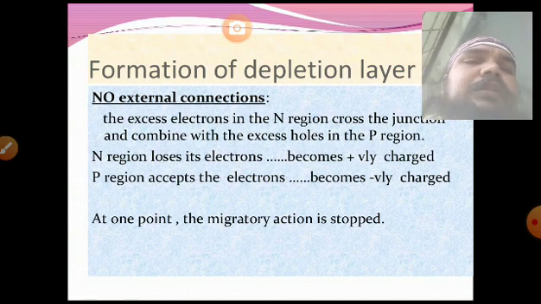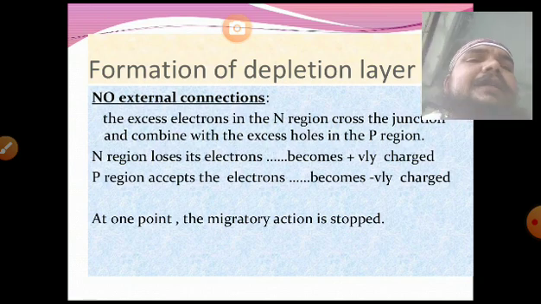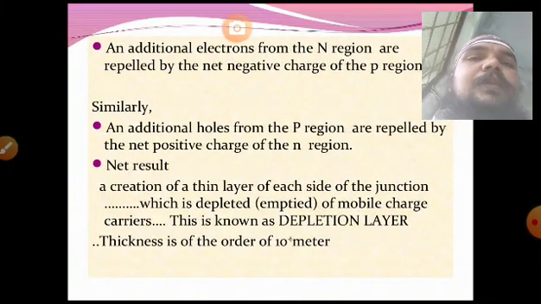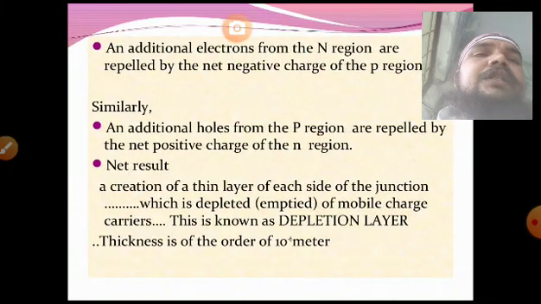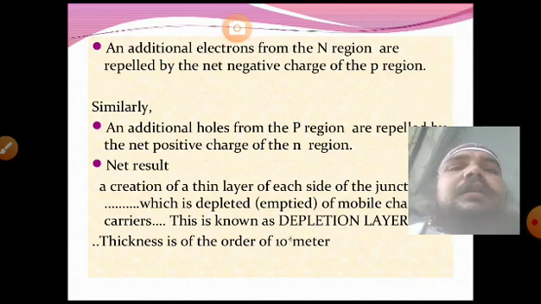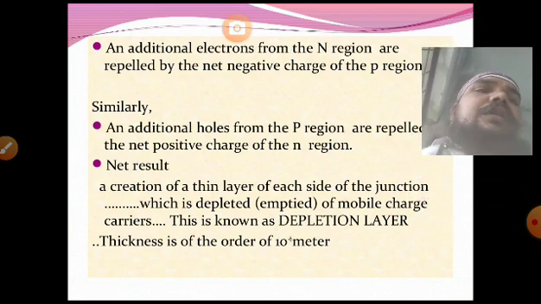At one point, the majority carrier diffusion is stopped. Additional electrons from the N region are repelled by the net negative charge of the P region.